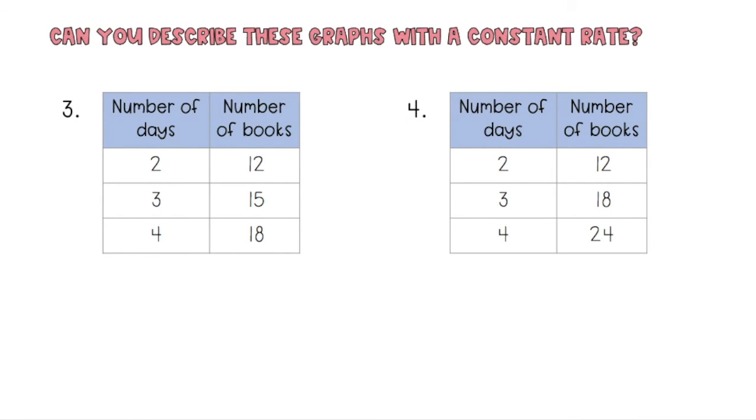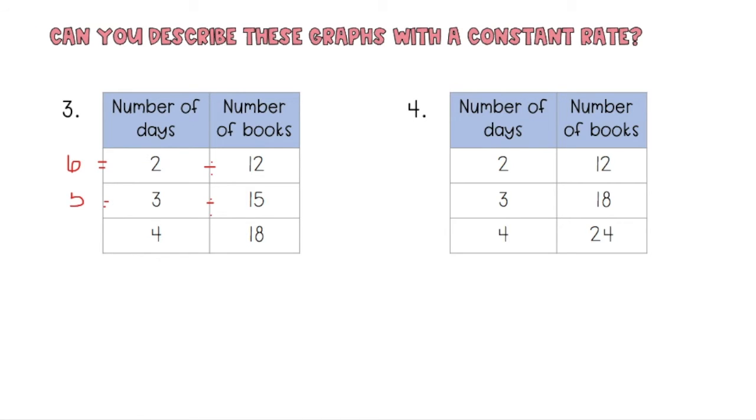For this example, can you describe the graphs with a constant rate? So let's test it out. Let's divide our larger numbers by our smaller numbers and see if we have a constant rate. So if I do 12 divided by 2, that will give me 6. 15 divided by 3 will give me 5.